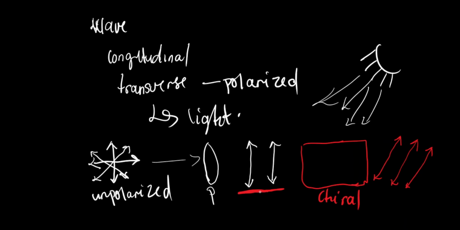So there's a correlation between optical activity and chirality. Chiral molecules exhibit optical activity, and we just explained what optical activity is. Now let's take a look at some of these interesting pictures.